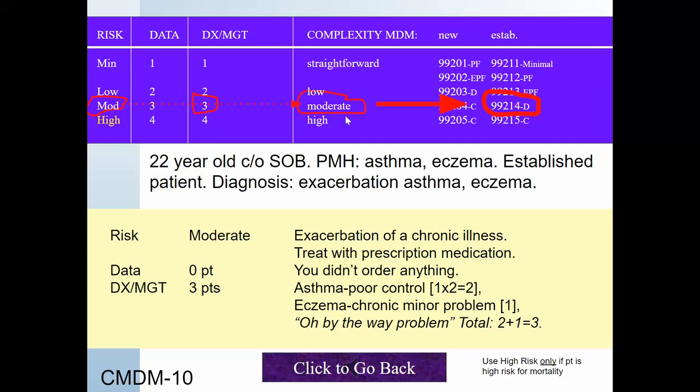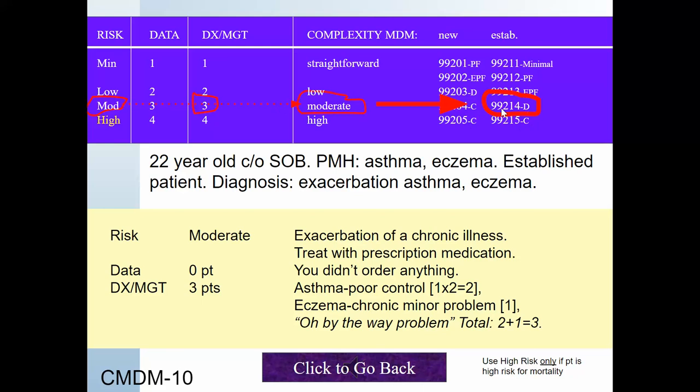So because of that, based on the rules of coding, we let the complexity of medical decision-making generate the decision for what the code should be as doctors. So we are teaching you to always determine medical decision-making first based on the rules of coding, which are easy, and that determines the code.